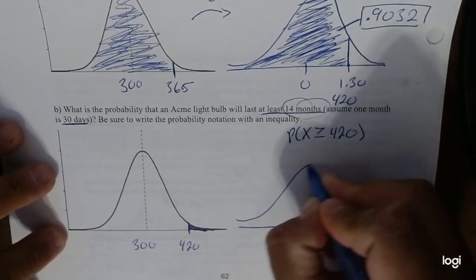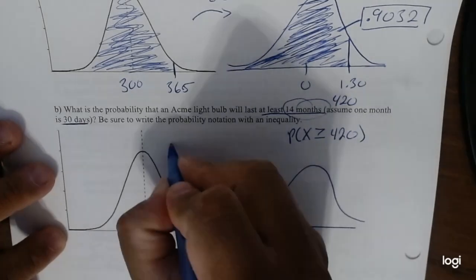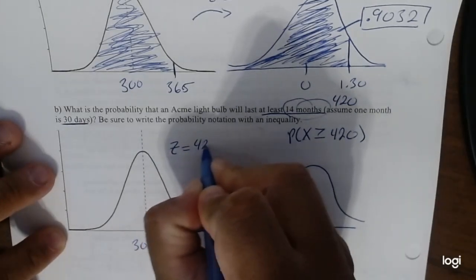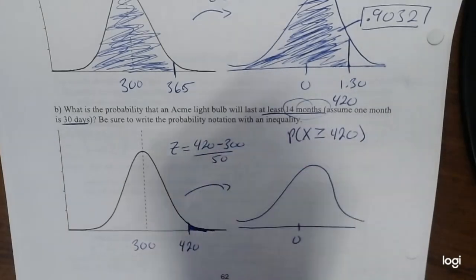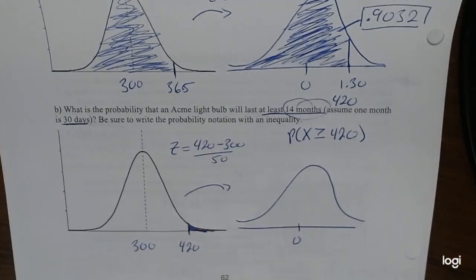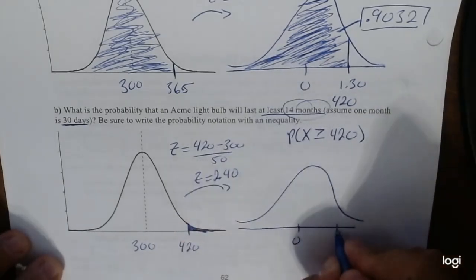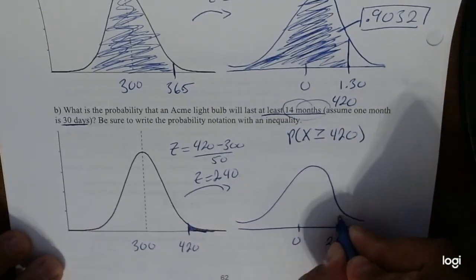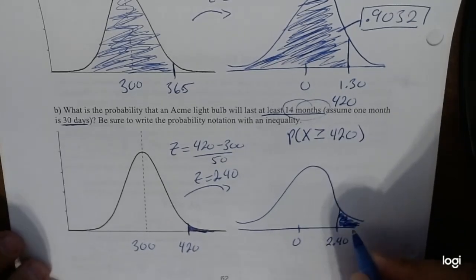First thing we've got to do is convert it to a z-score using our formula. So z equals 420 minus 300, divided by 50. Let's see what z-score we get there. You should get 2.40. And again, I want everything on the right-hand side. If you remember, we cannot find area to the right using the z-score table.